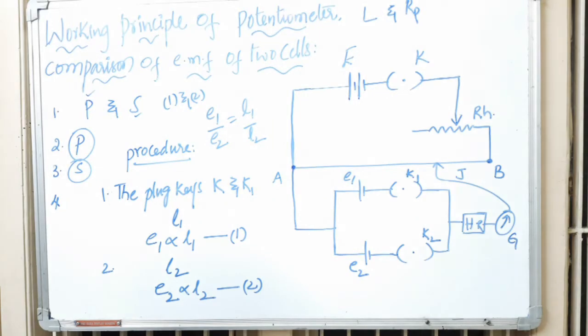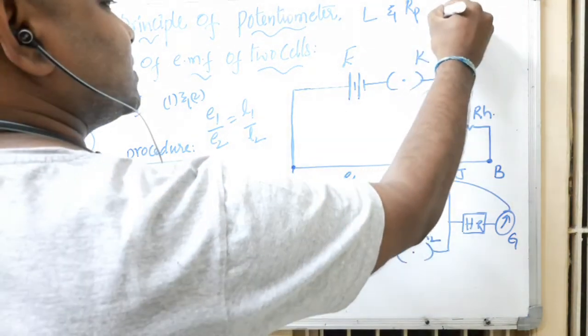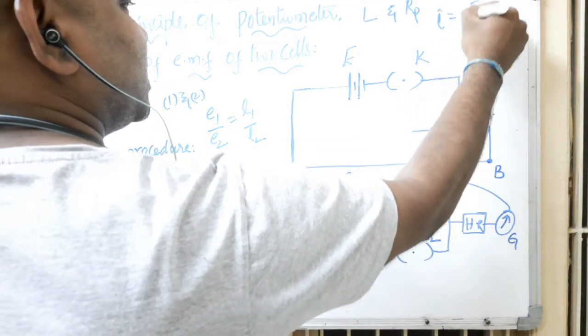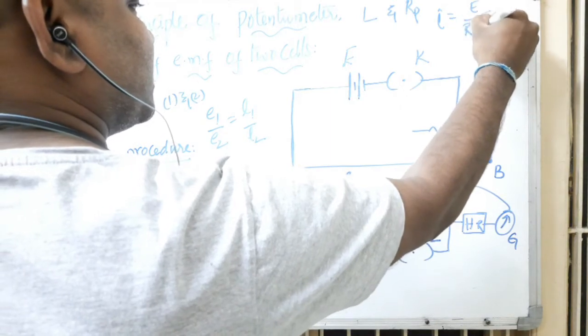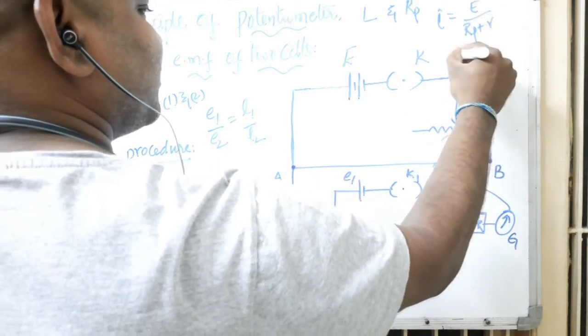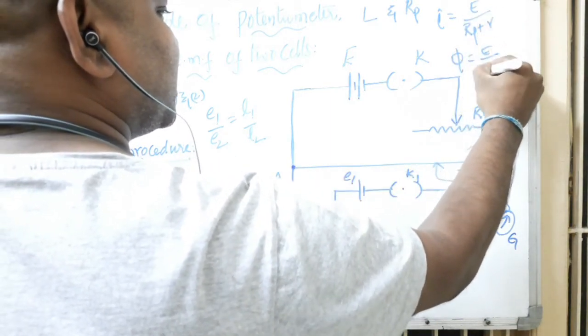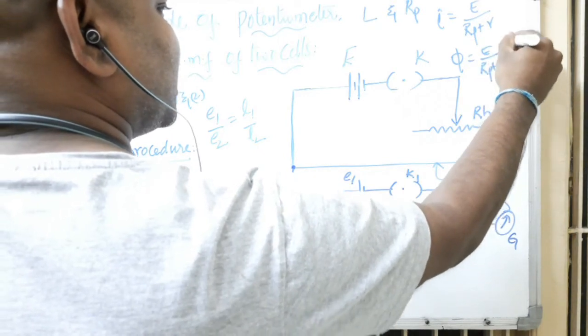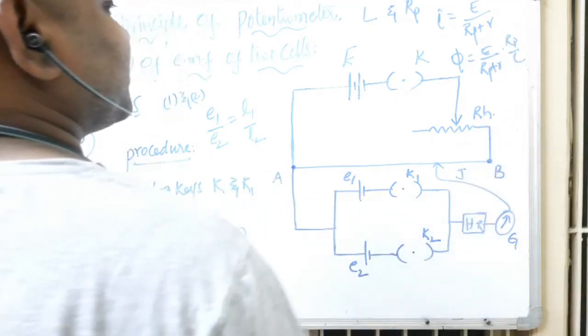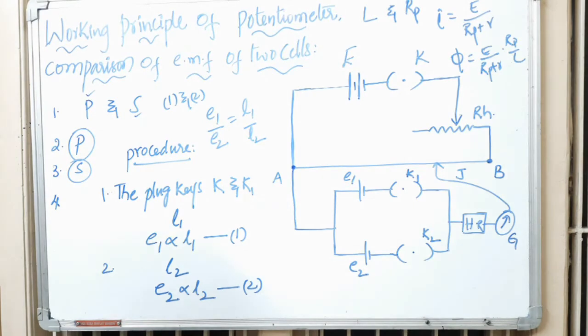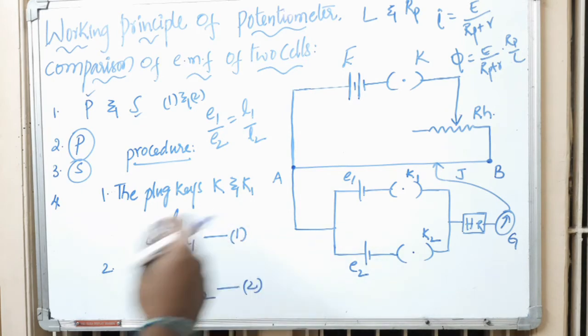After that we had written the formulas: I is equal to E by Rp plus small r, and the potential gradient is E by Rp plus R into Rp by L. And we told that potential drop per unit length is called potential gradient.